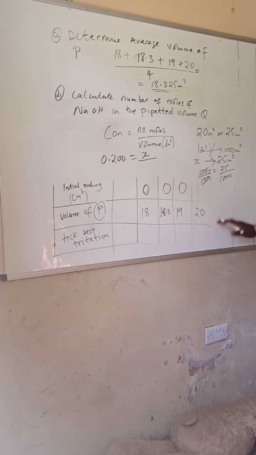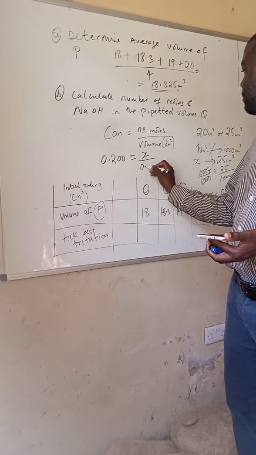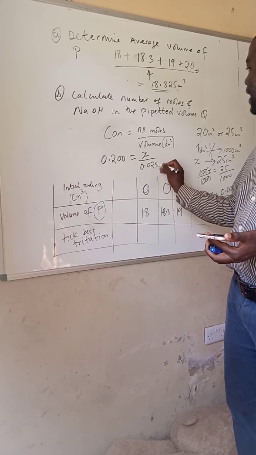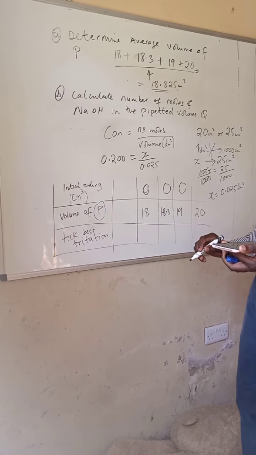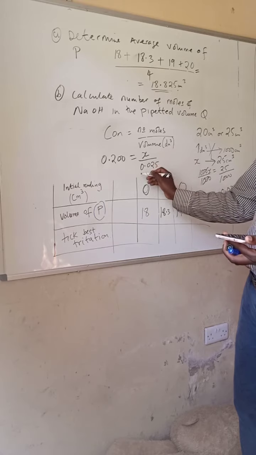Mathematicians should know how to convert. So x is equal to 0.025 decimeter cubed. That's the one that we use.